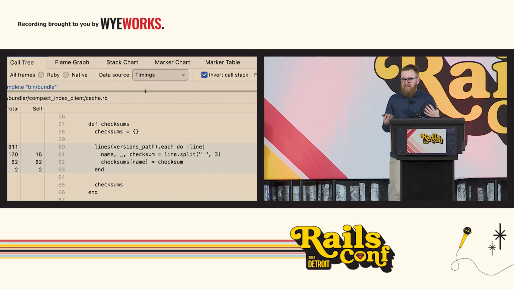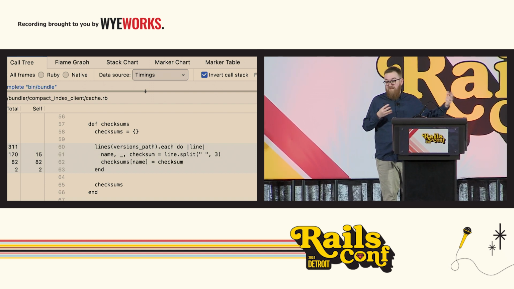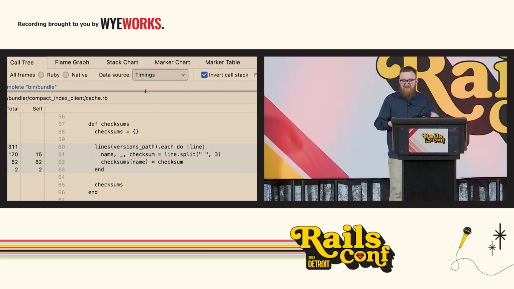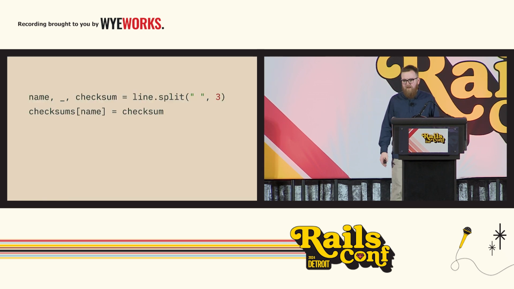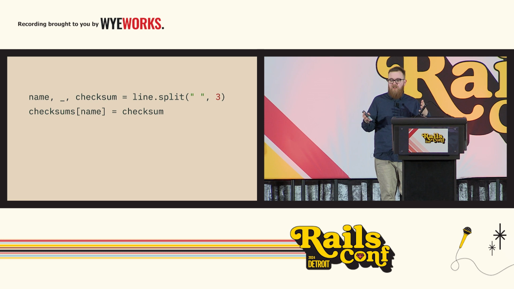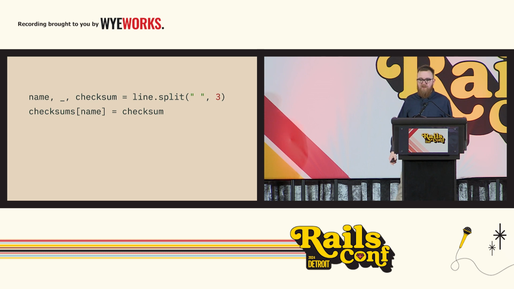And so this has some annotation in the margin to show the relative performance of these. These are measured in samples. We don't have to worry about that too much right now. But let's take a closer look at these 2 lines. So what this is doing is it's taking a string that's a line, splitting it by spaces, assigning that into variables, and then doing a hash assignment with those variables.